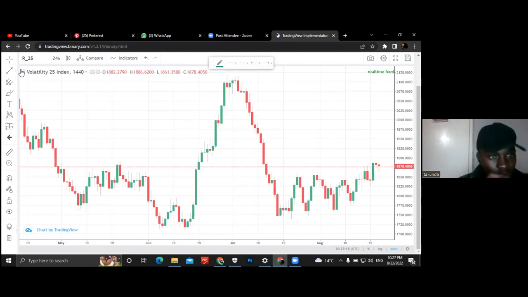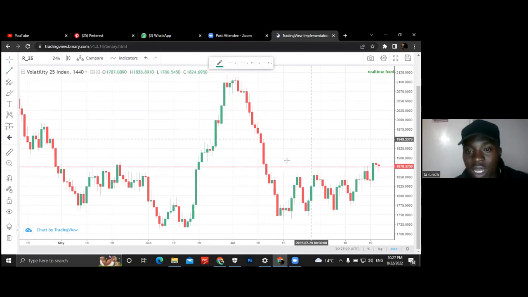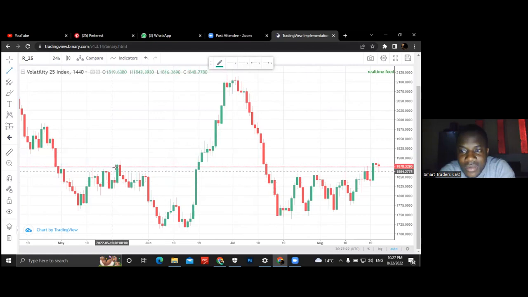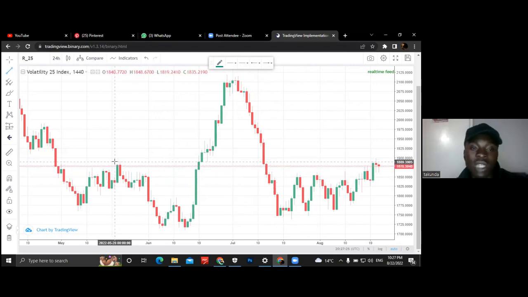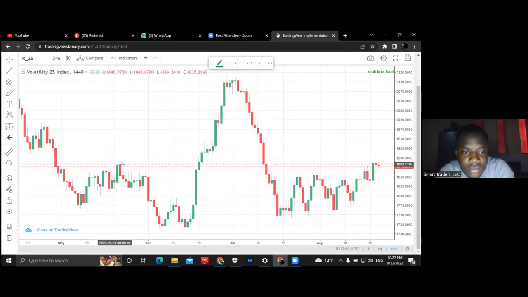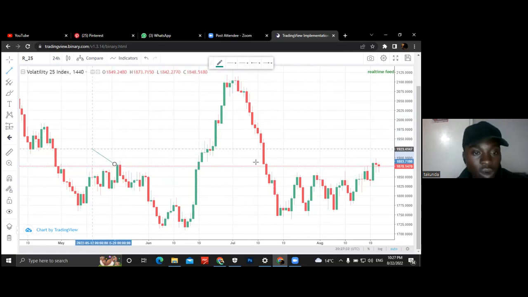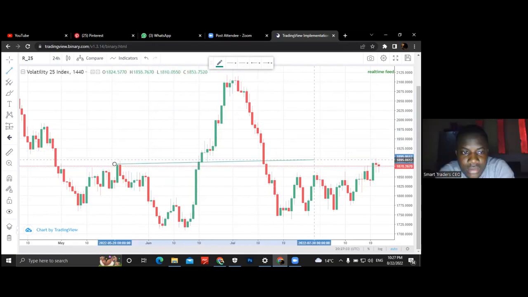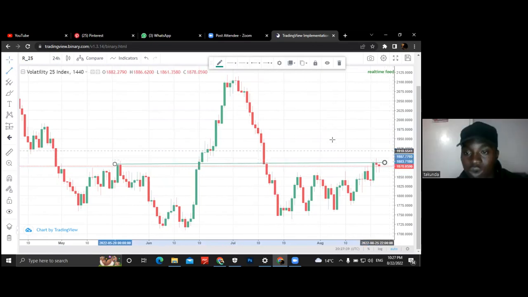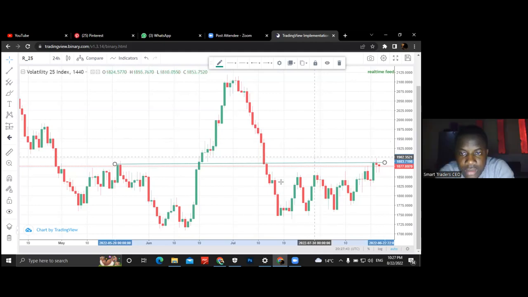So these tools, I use them when I'm using support and resistance. Usually that's the method that I use for support and resistance. I usually hold the side and try to see where it's ending here. So right now there's no point to transfer.